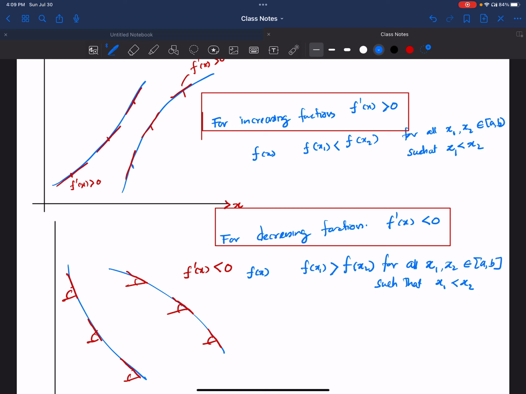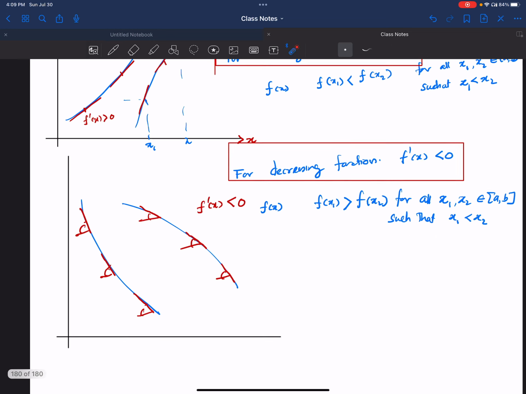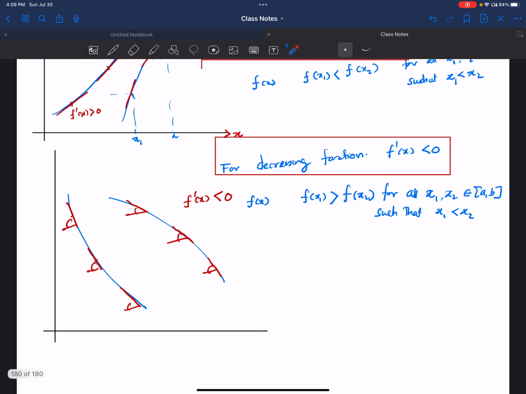That means if you have x1 here and x2 here, f of x1 is less than f of x2. So here in this case, if x1 is here and x2 is here, now always f of x1 is greater than f of x2. So that's called a decreasing function.